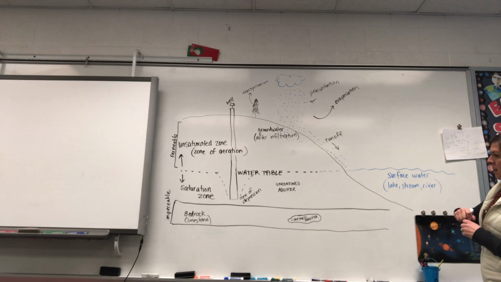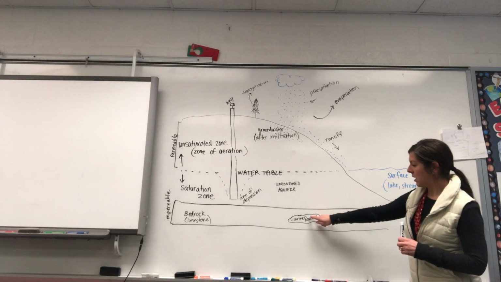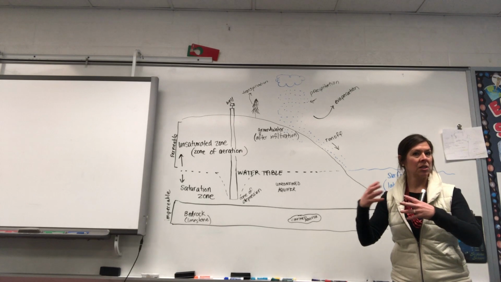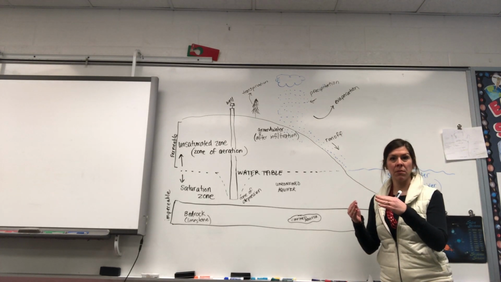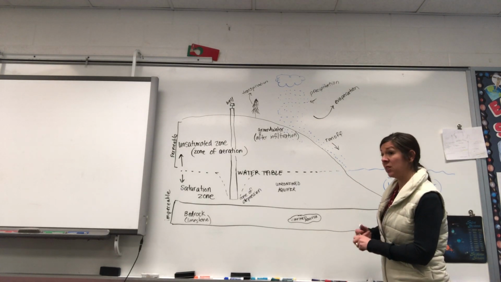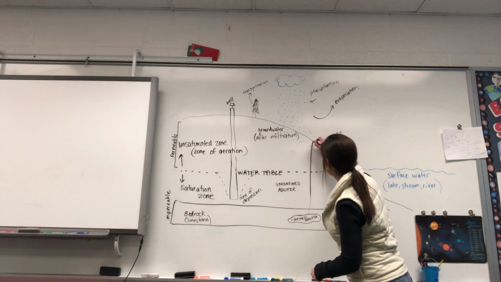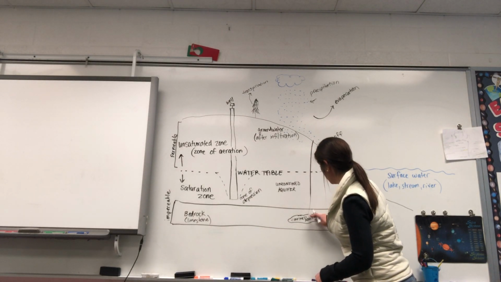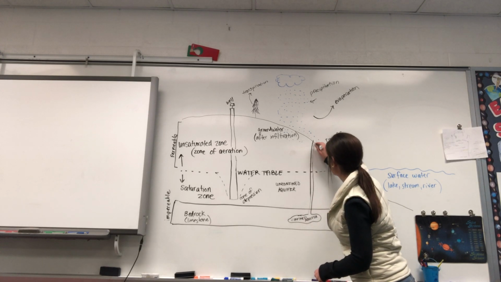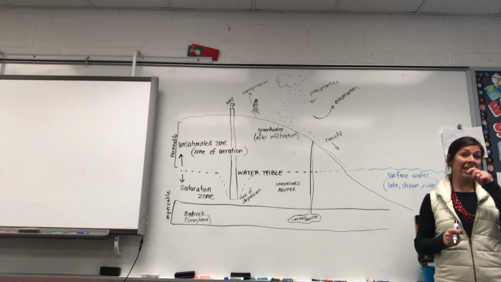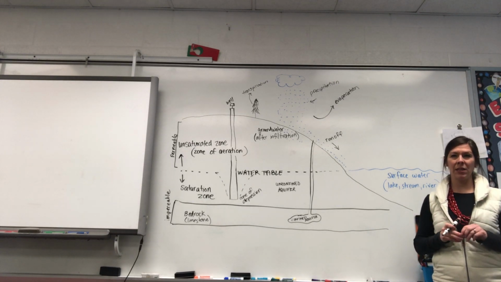Then occasionally, this confined aquifer is closed in, so there's some pressure building up. Occasionally, if that pressure is released, it could naturally find its way up out of the ground. This wasn't really on your list, but you would have seen it in some of the readings.